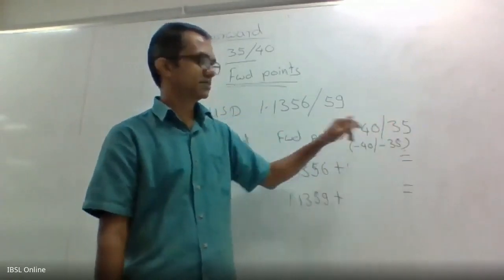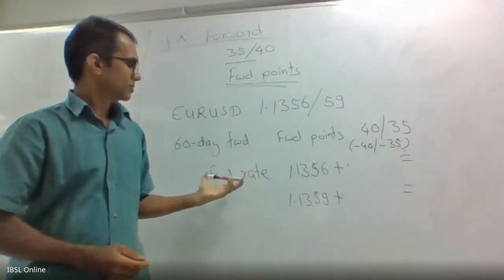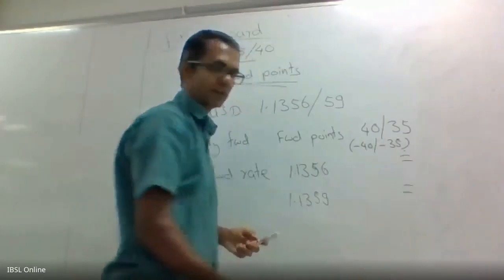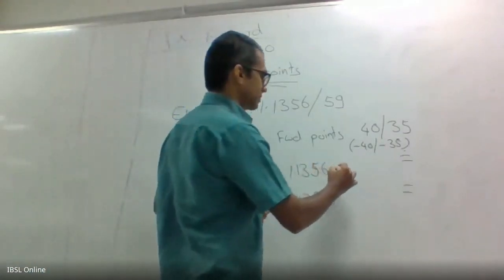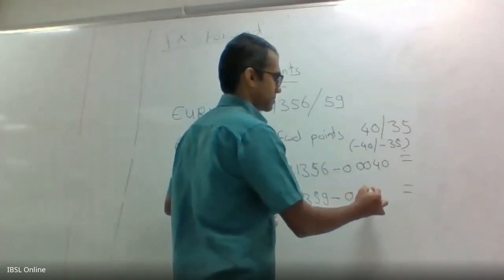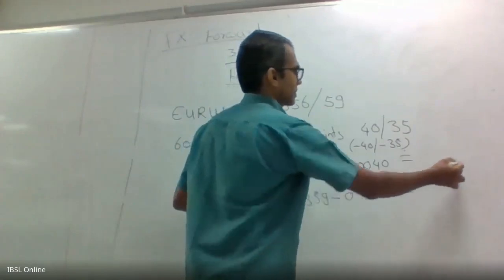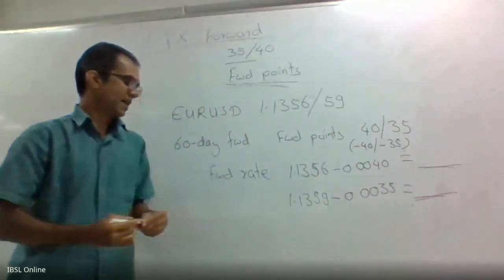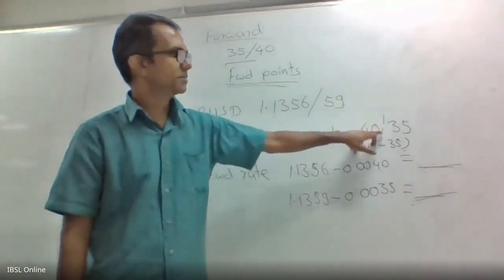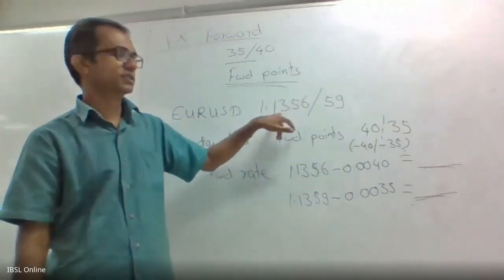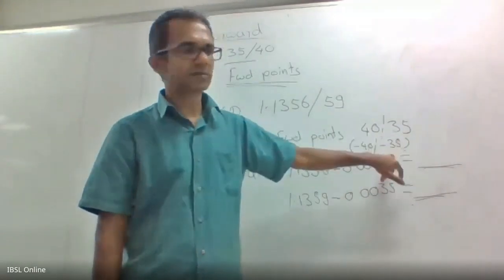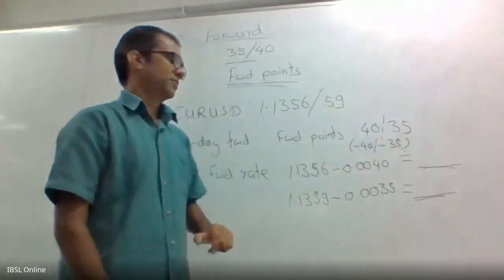But when you see this, to calculate the forward rate, instead of adding, what do you have to do? Subtract the forward points. Subtract the bid points from the bid of the spot, and subtract the points in the offer from the spot offer.